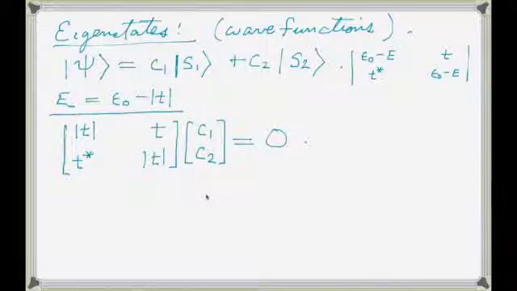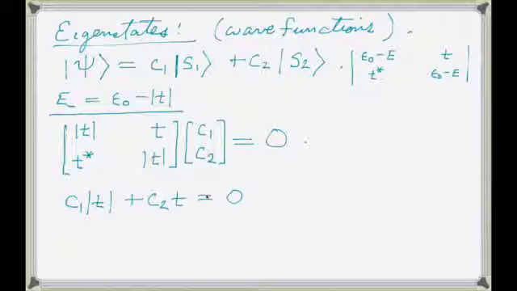And say if I look at row 1, the equation I get is C1 times the magnitude of t plus C2 t equals 0. And I can immediately write down something.